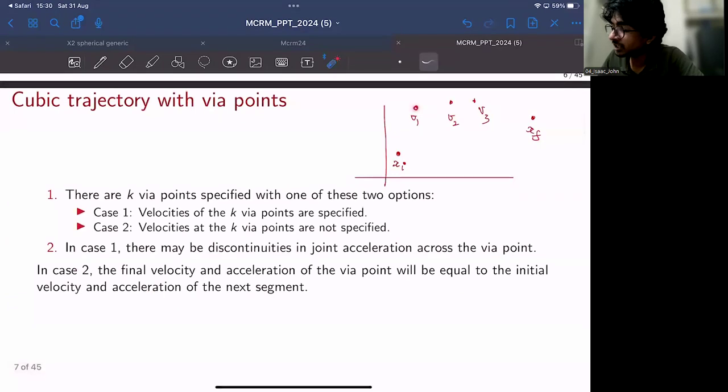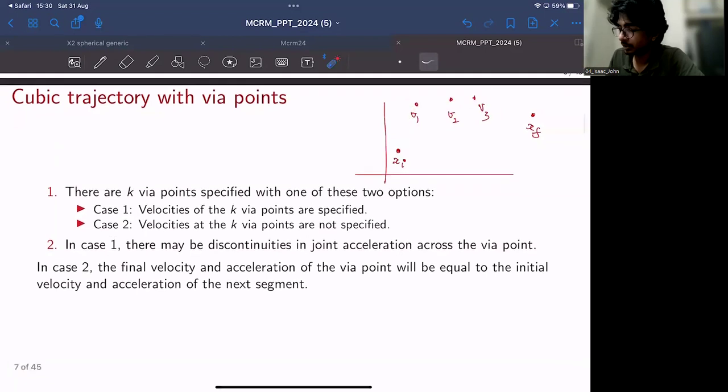But the positions are always specified because you want your robot to move through all the via points. Maybe due to some practical constraints, if you cannot move through a straight line like this, you may have to move like this because there could be some obstacles or some other constraints, right? So this is how there are two ways of doing this. Positions are always specified, but velocities can be specified, or may not even be specified.